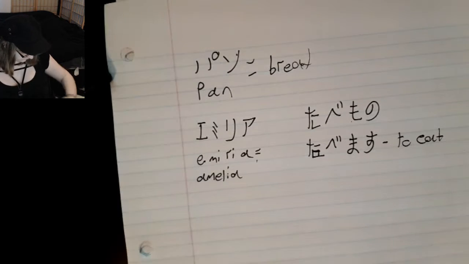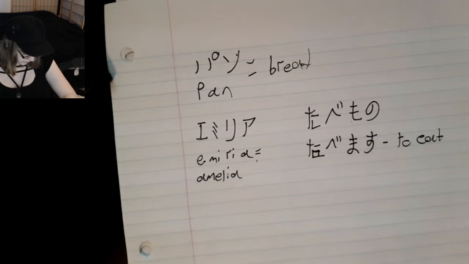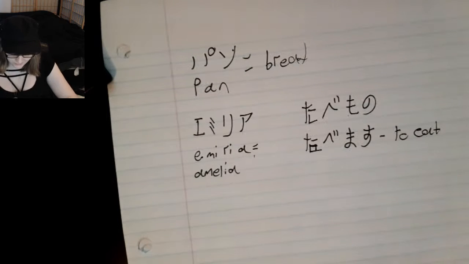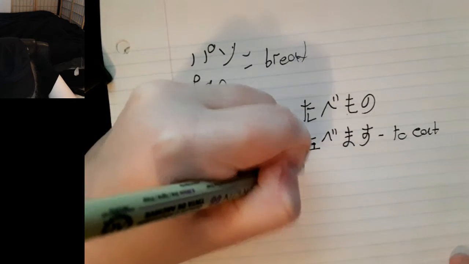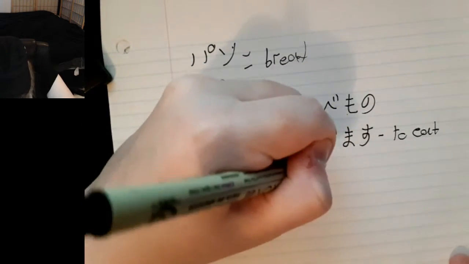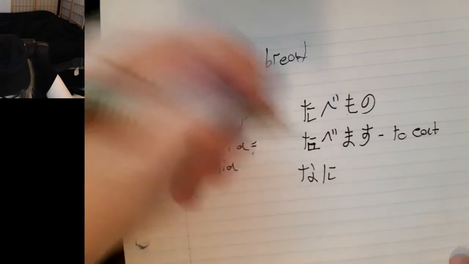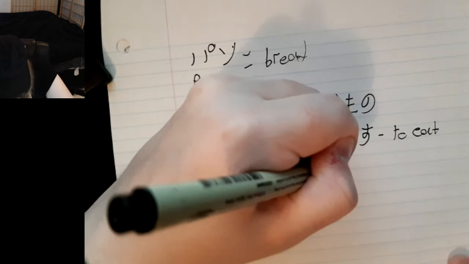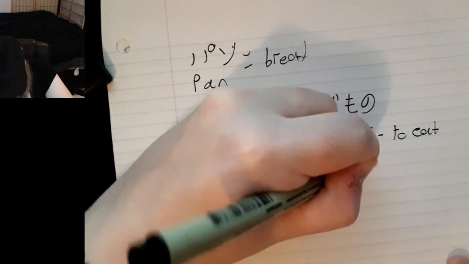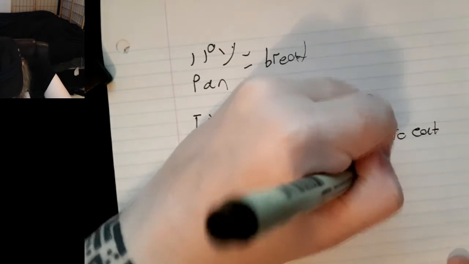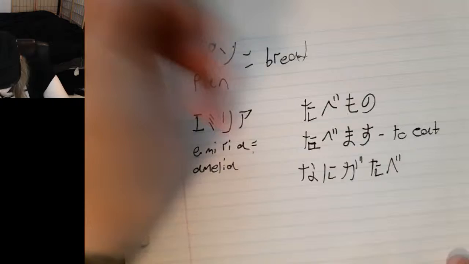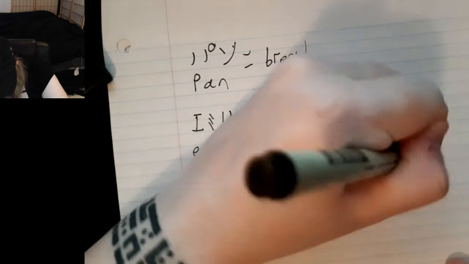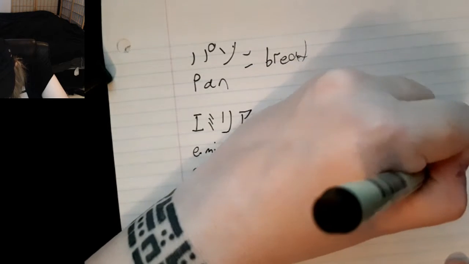So, if I said something like, Nani ga tabemasu ka? So, na, ni, ga, ta, be, ma, su, ka.